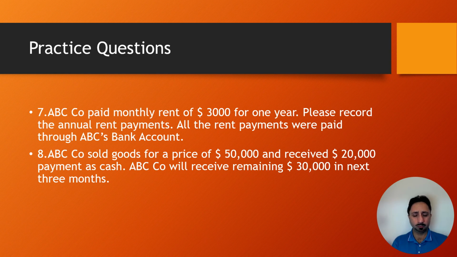Remaining 30,000 will be paid in 3 months, and this is also a type of cash which is called account receivable, because you haven't received this money now, but you will be receiving in near future. So that is why it is also recorded as the value of asset, and there is increase in the value of asset, and that is corresponding to rule number 1.